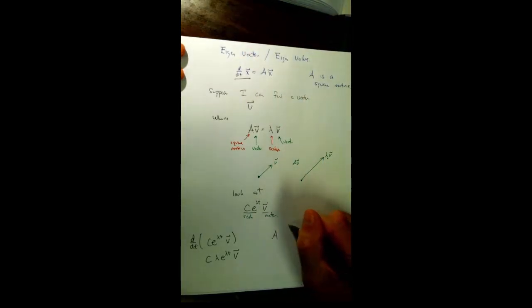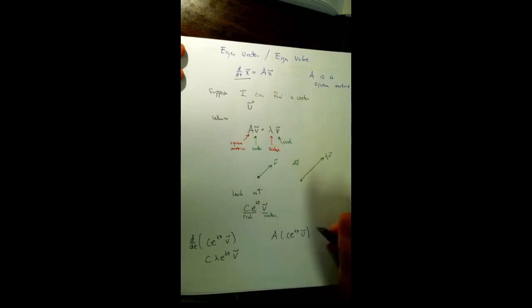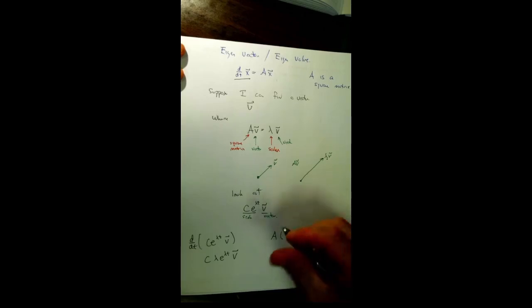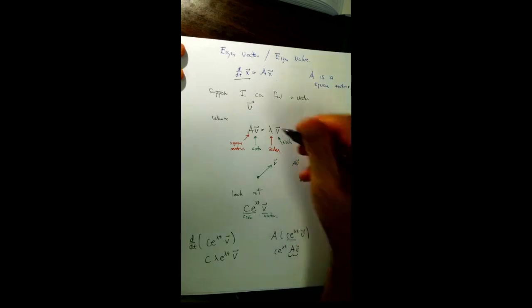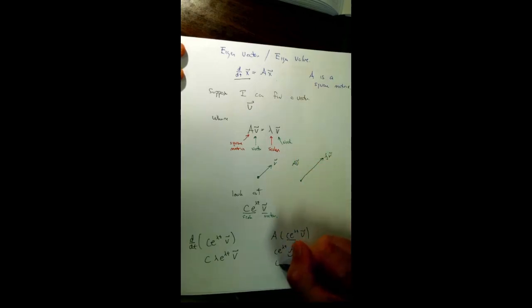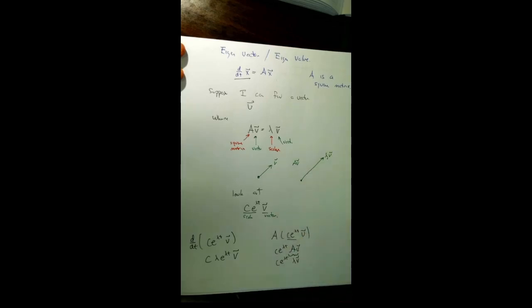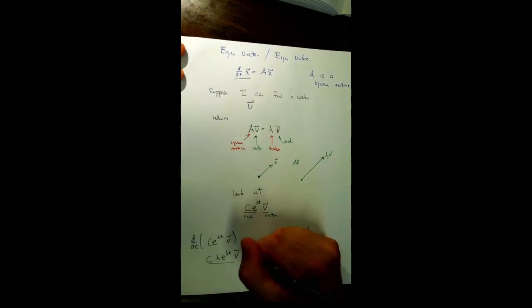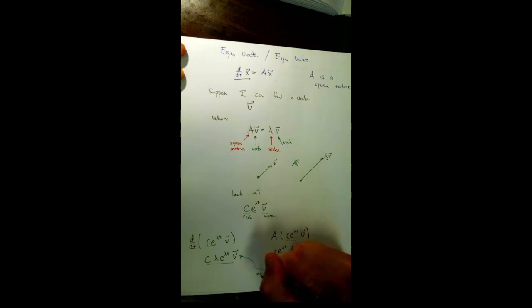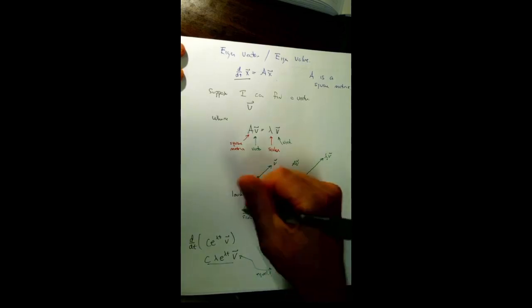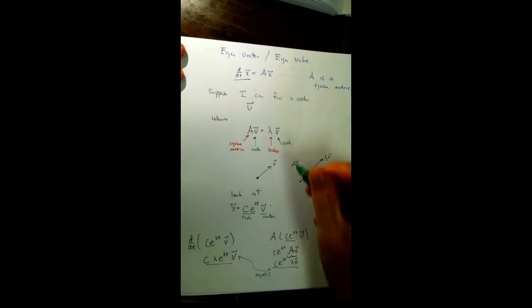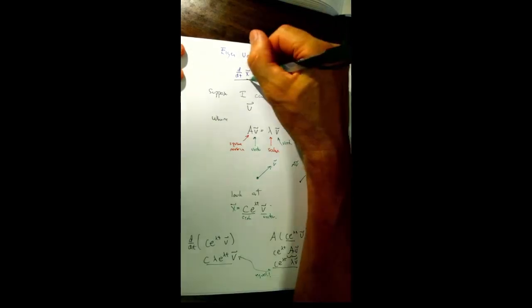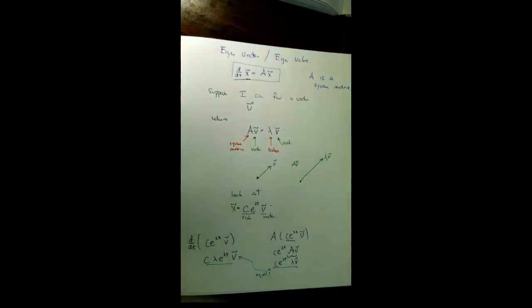If I take A times this thing, well, this is a scalar, so I can bring this out. And by definition, I'm assuming this is lambda v. So this thing and this thing are equal, which means that this right here is a solution to my differential equation.